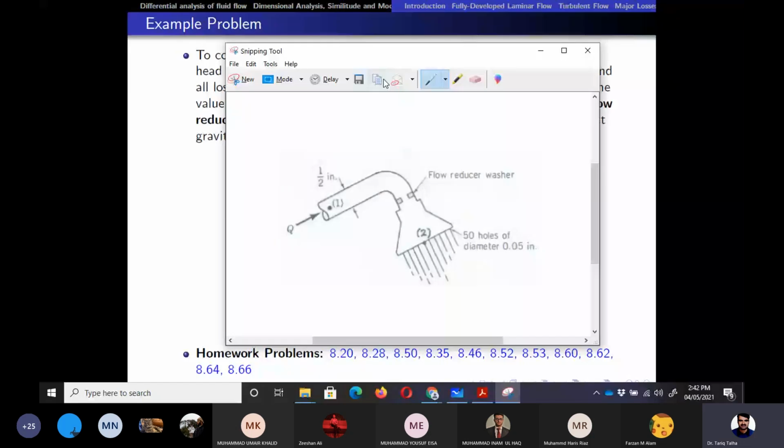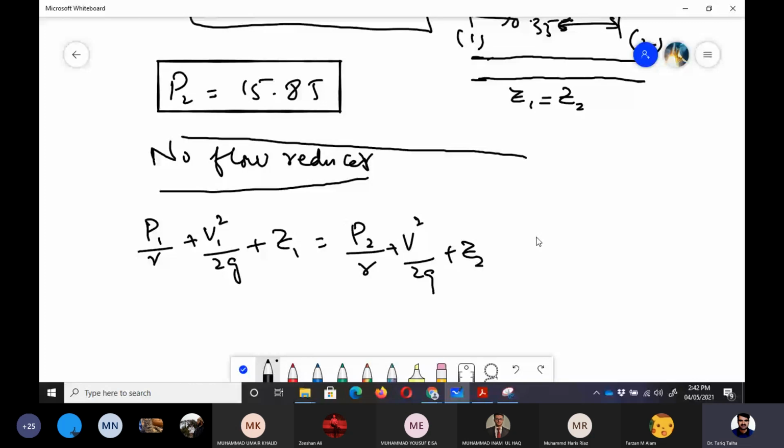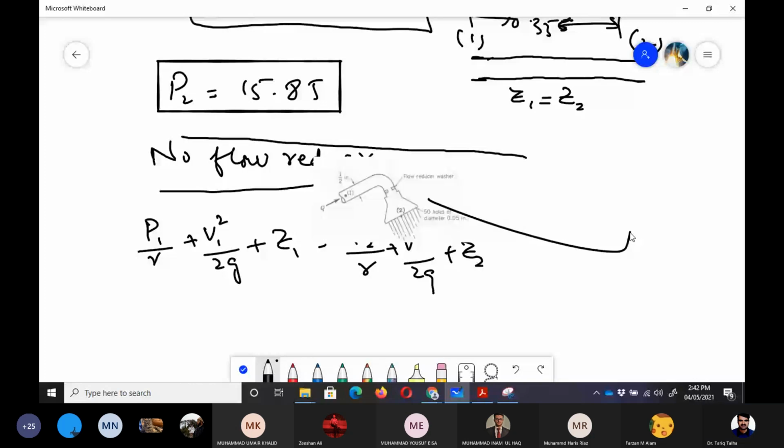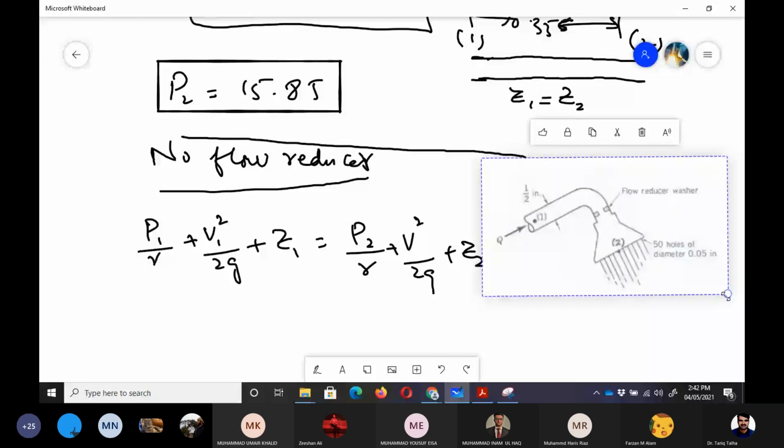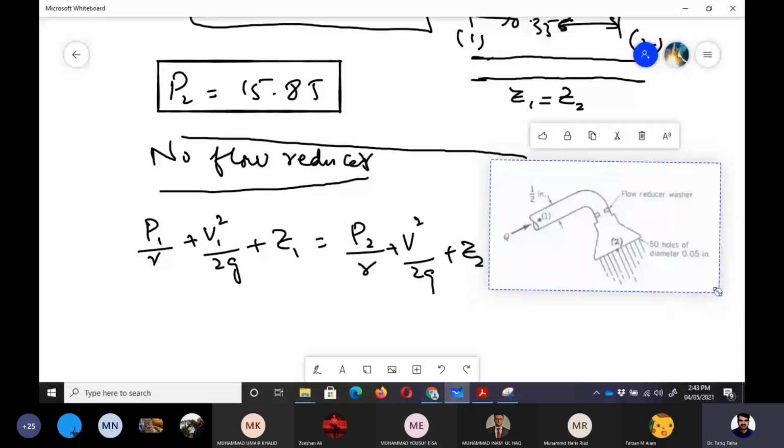We can put it somewhere here. Right, so this is the situation. One is the point inside the main pipe, and two is the exit of the shower.